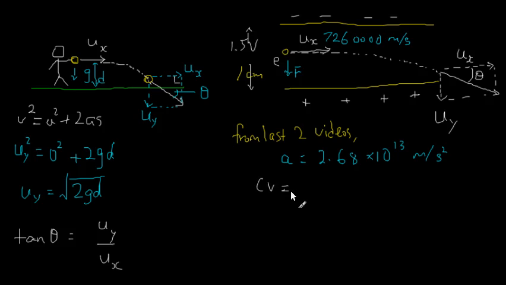V is equal to U plus AT. This is the first acceleration equation, where we can find the velocity from the initial velocity and the time. Okay, so if I can find the time it takes, since we already know the acceleration, if you can find the time it takes between the starting and the final position, I can use this to find uy.